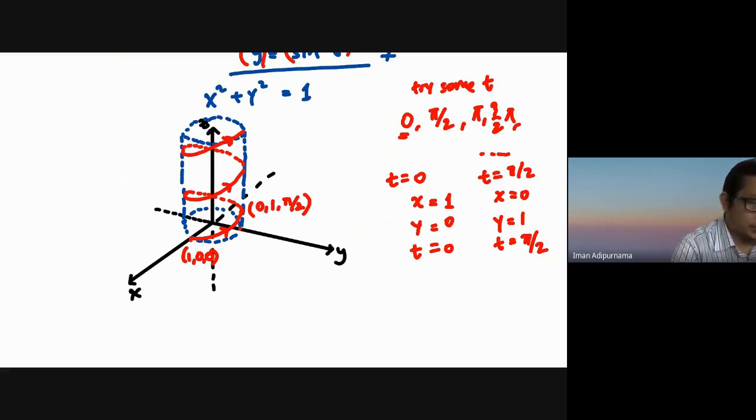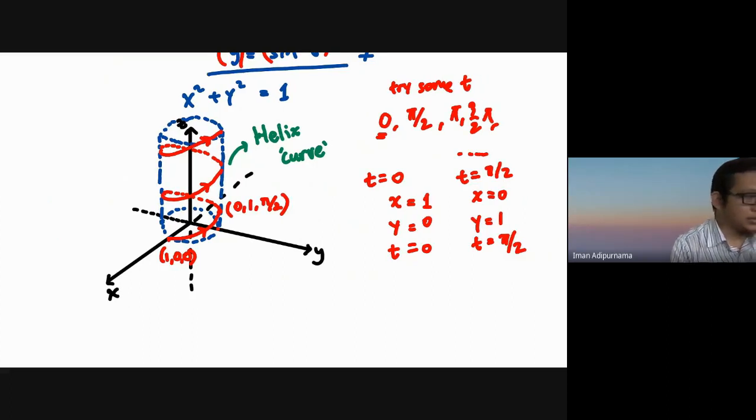Now the figure here, or the curve, is called a helix curve. As t increases, the curve takes a spiral and goes upwards.